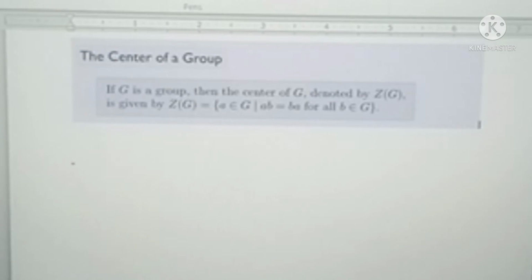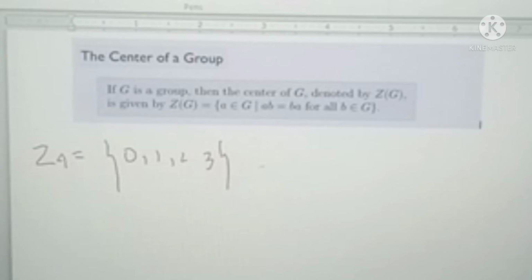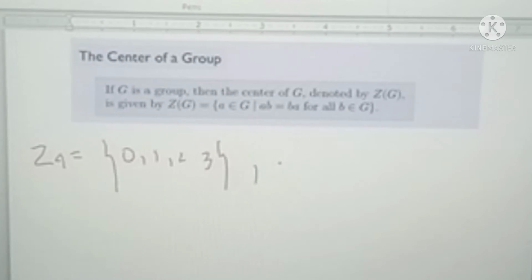For example, we have the group Z mod 4, the set of integers modulo 4. Then Z mod 4 has the elements 0, 1, 2, and 3. We're going to perform this using the Cayley table, because the Cayley table is very useful and essential in group theory.